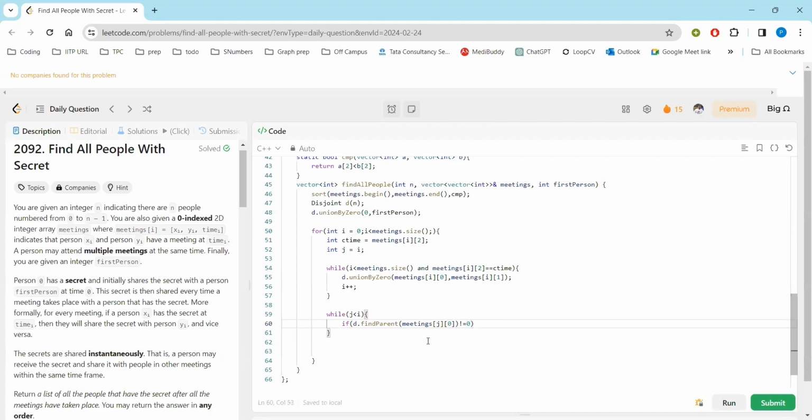So we will call d dot reset parent and we will pass the person. Same, we will check for the person at index 1.